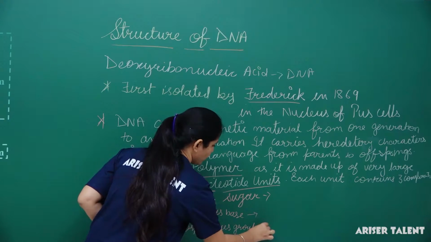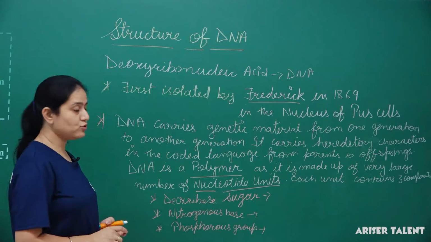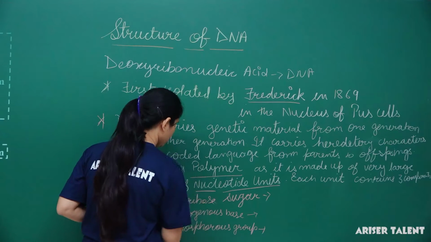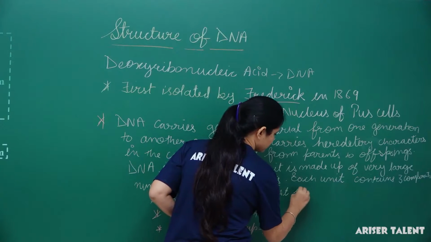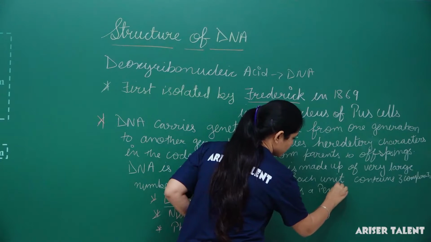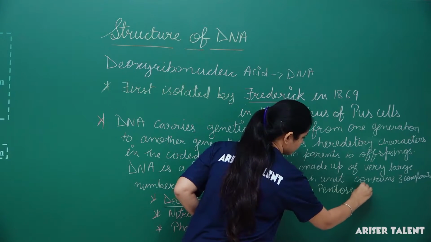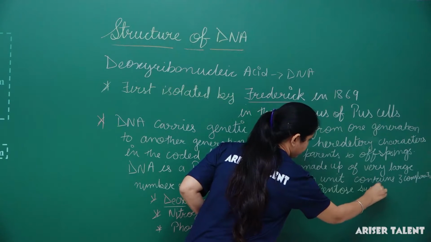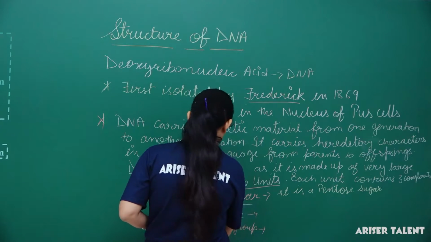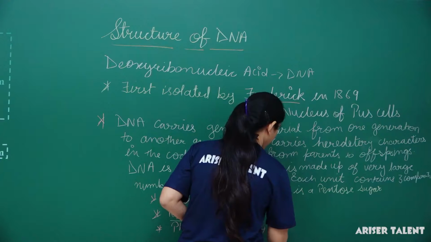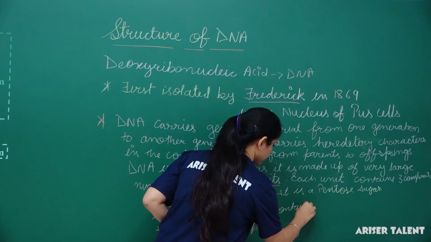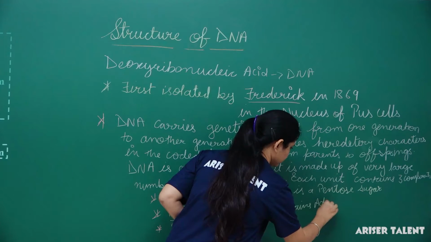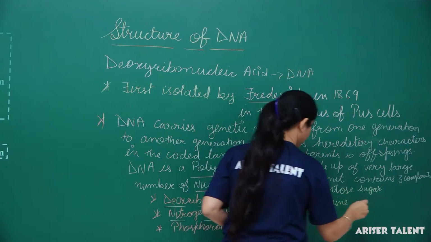Okay. So here let me tell you about the deoxyribose sugar. Generally it is a pentose sugar. Then nitrogenous base, it carries what? It contains adenine. Okay.